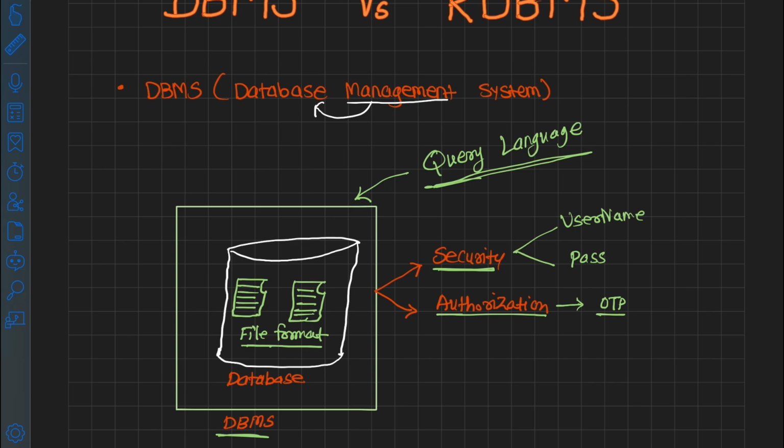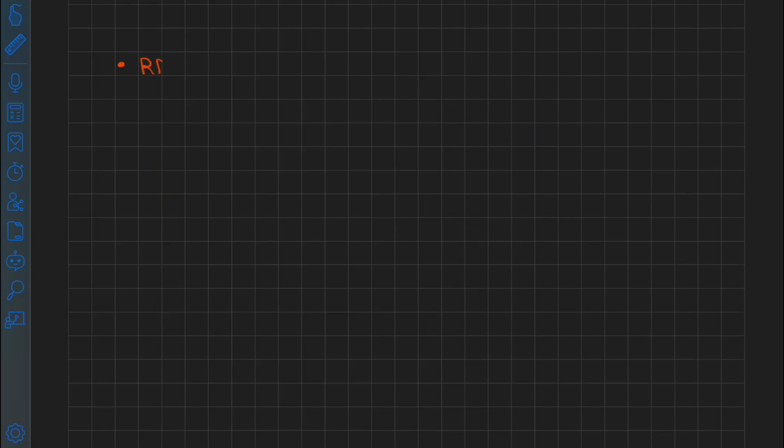So after that we go for the RDBMS. What is meant by RDBMS? The long form of RDBMS is relational database management system, and we got the first point, which is that RDBMS is a software which is used to maintain and manage the database.